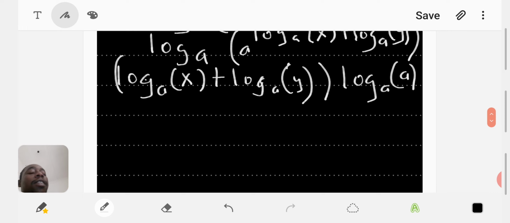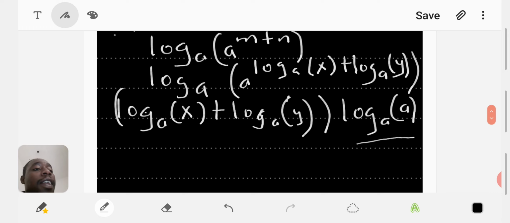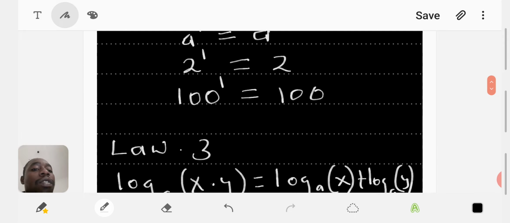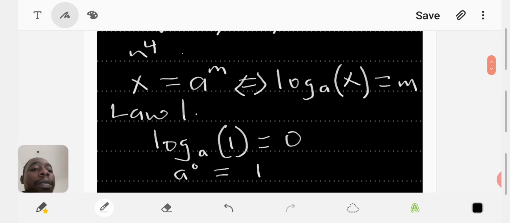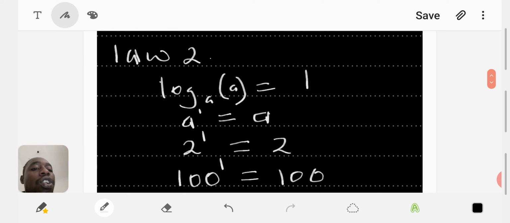And remember that this log a, if we have the log of a number with the same base, which is a and a there, it takes us to the first law, which is what? Law number 2 rather. You see there? It is equal to 1. So we are saying log to the base of a of a is equal to 1.